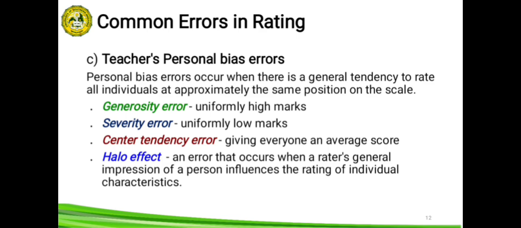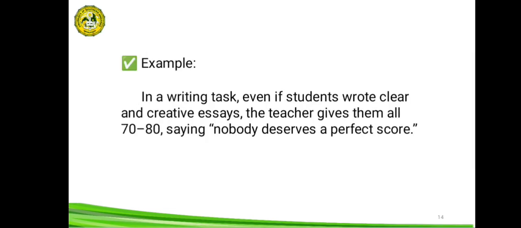Second is severity error: uniformly low marks. This is the opposite of generosity error. The teacher gives consistently low grades to everyone, even those who perform well. This often happens when the teacher is very strict or a perfectionist, expecting flawless performance.